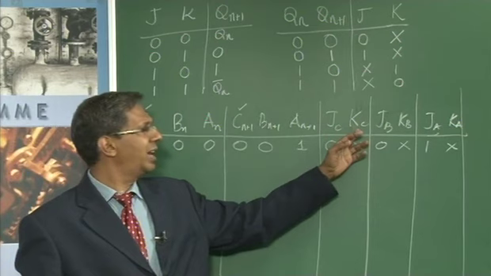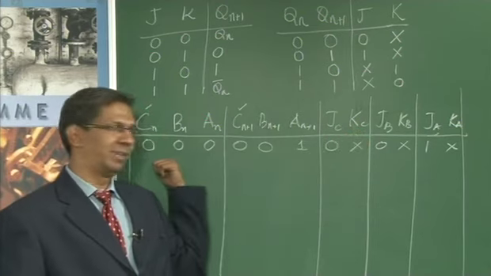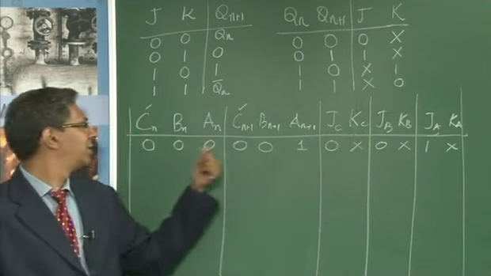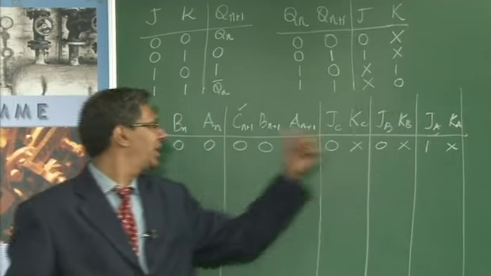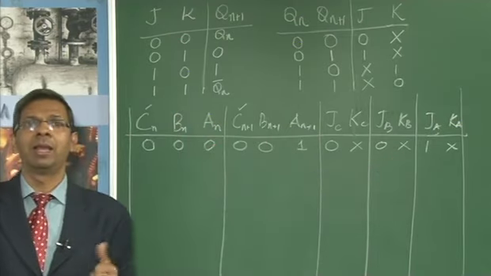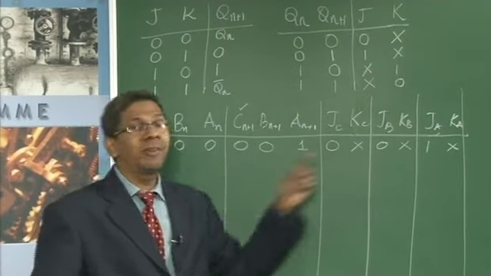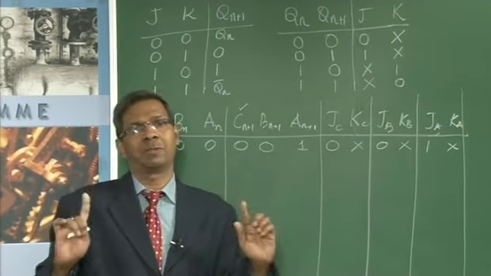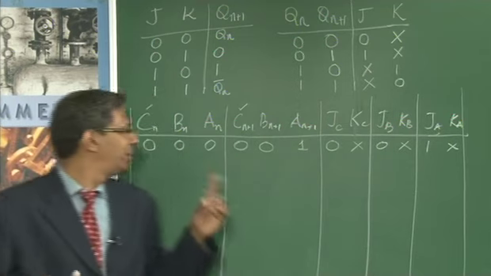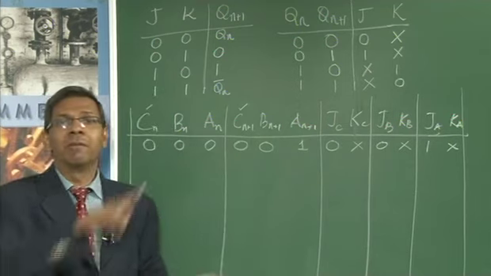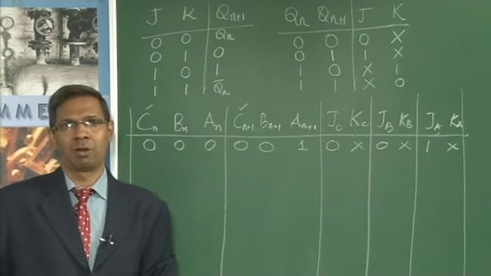Similarly, JC and KC are the inputs for flip-flop C, JB and KB are the inputs for flip-flop B, JA and KA are the inputs for flip-flop A. At the end of the day, we are going to decide how to interconnect these flip-flops so that the entire circuit behaves the way we want it to, like a mod 6 counter.